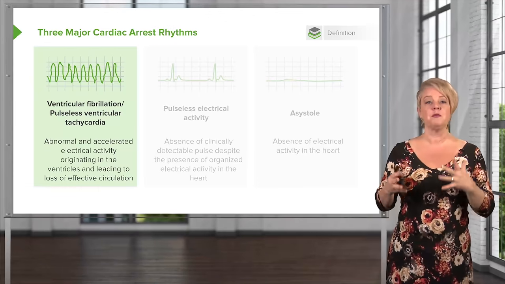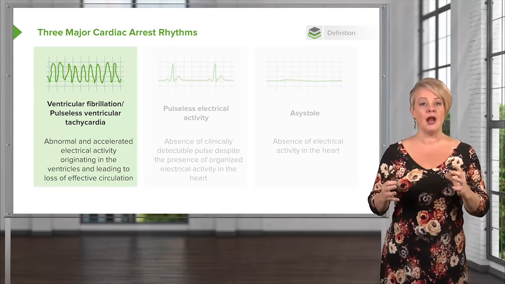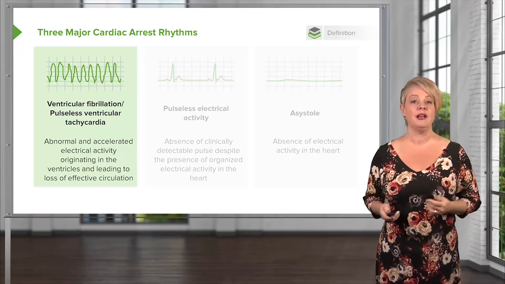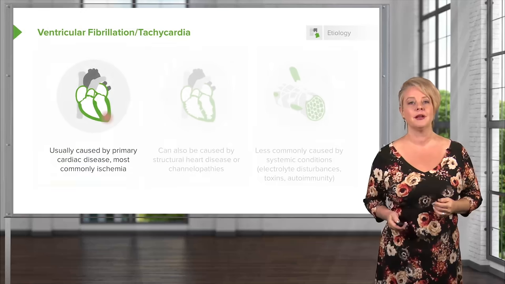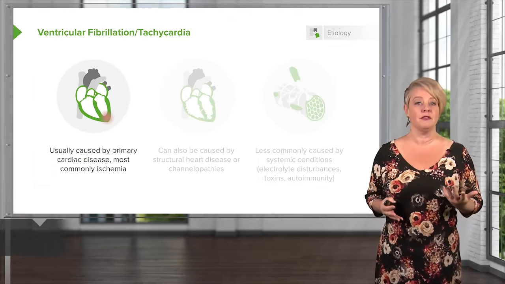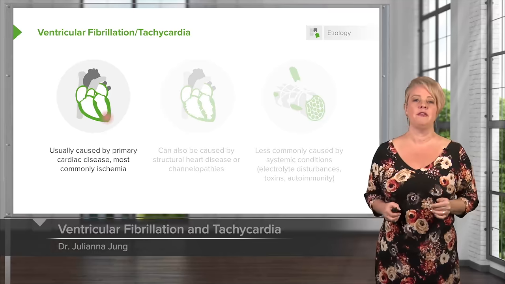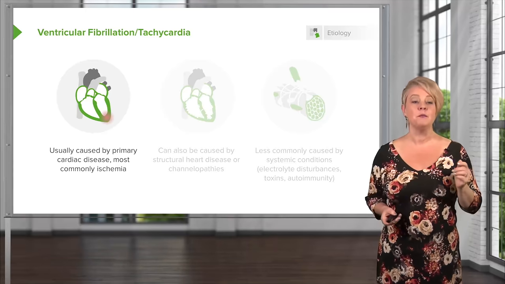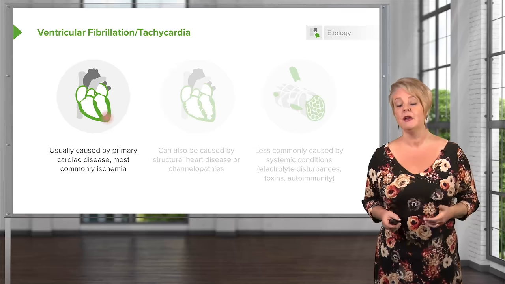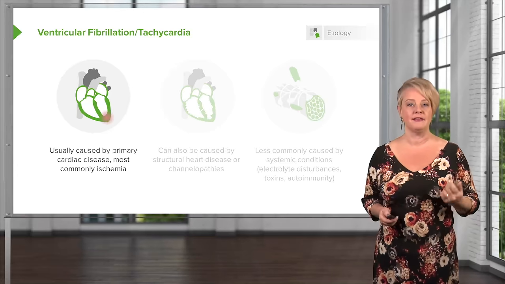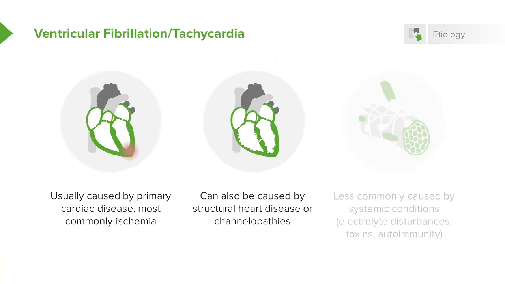So these rhythms both represent disorganized electrical conduction, which originates in the ventricles. There's a number of different causes for ventricular fibrillation and tachycardia, but they're most strongly associated with primary heart disease, in particular coronary ischemia, so myocardial infarctions, etc. However, you can also see VFib and VTach in the setting of structural heart disease, inherited channelopathies, and other clinical situations.